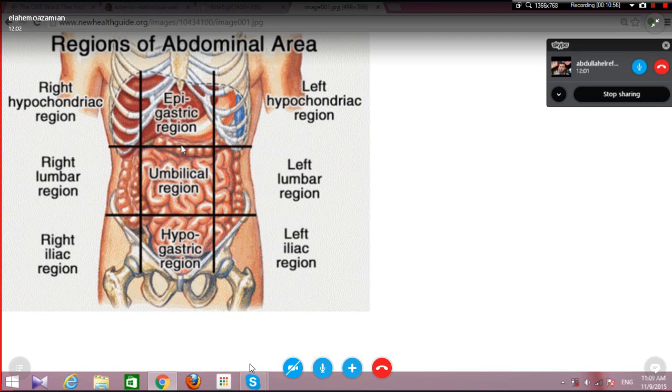Which is at the level of L1. And what is the lower one? Interspinous. From the anterior superior iliac spine, you connect the two spines together.